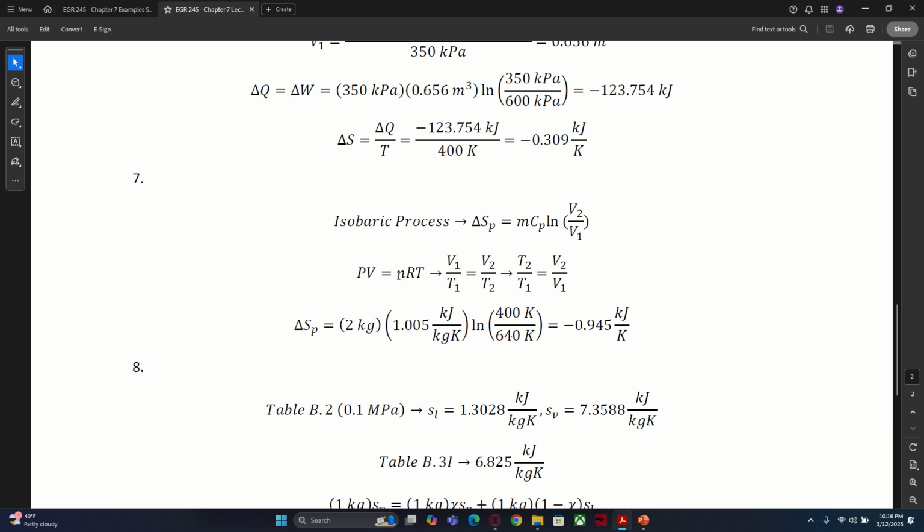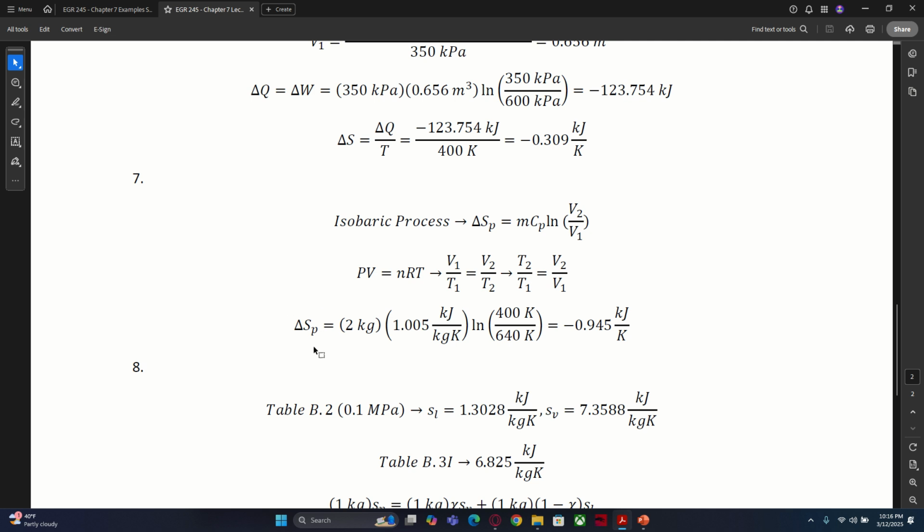Well, m, R, and P are constants. So if we rearrange them, we have V over T equals mR over P. So V1 over T1 equals V2 over T2. And if we rearrange these so that we have our original ratio V2 over V1 on one side, that can be set equal to T2 over T1.